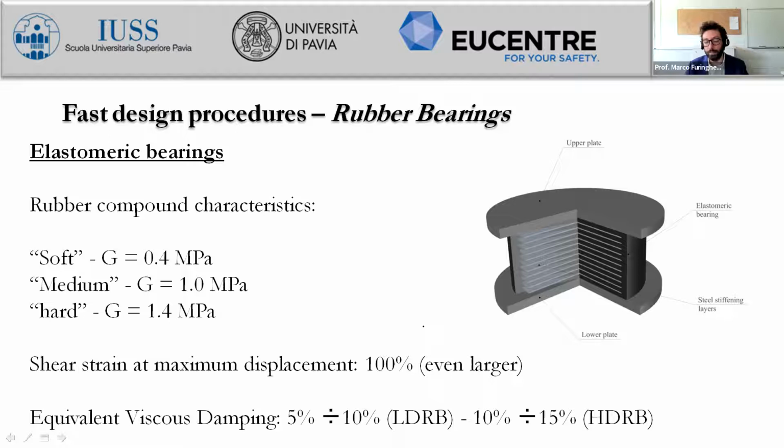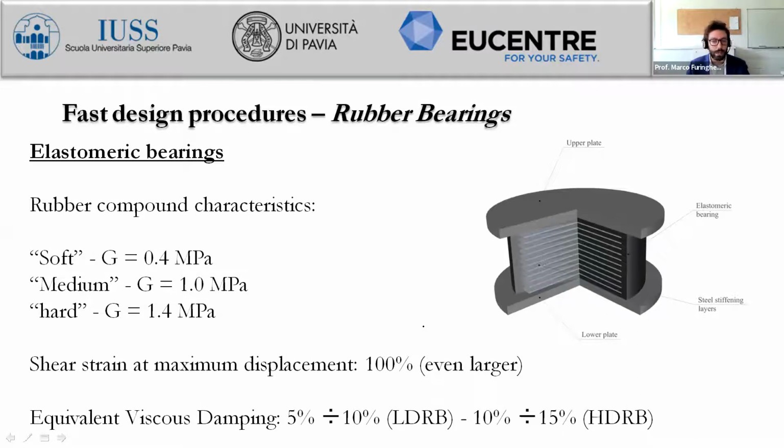So there are a lot of additional administrative procedures, and additional testing to provide evidence that what is designed actually corresponds to the experimental behavior, to the initial design assumptions. Then there is the shear strain at maximum displacement.